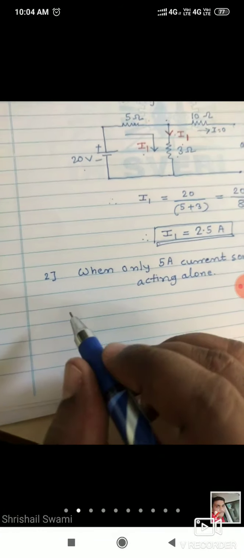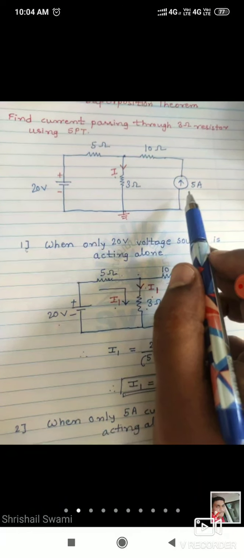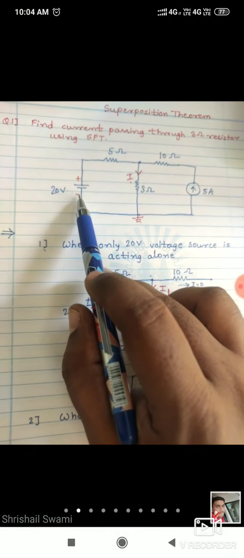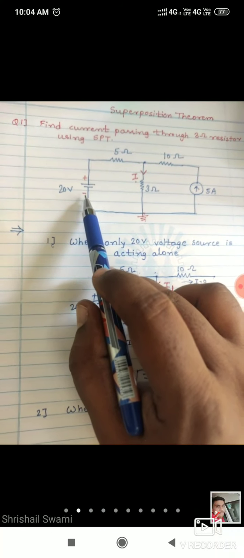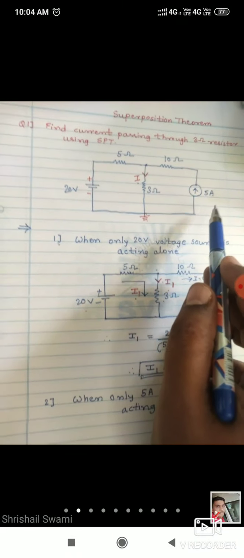Now this is the current source. So what you have to do? Once again you have to redraw the circuit by keeping this current source as it is, and you have to make this voltage source short. This voltage source has to be made short, because it is an independent voltage source, or an ideal voltage source. You have to make this voltage source short and keep the 5 ampere as it is.